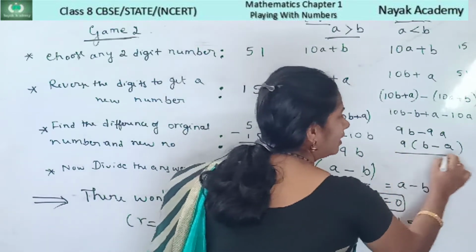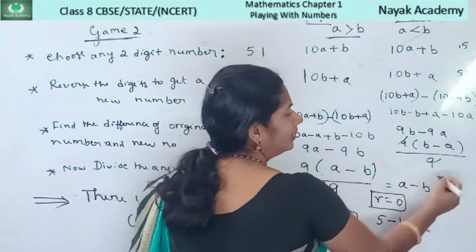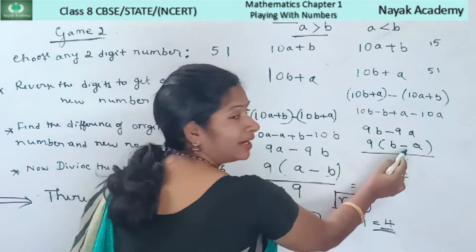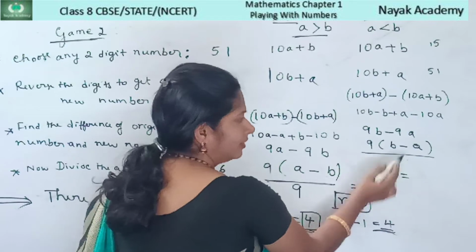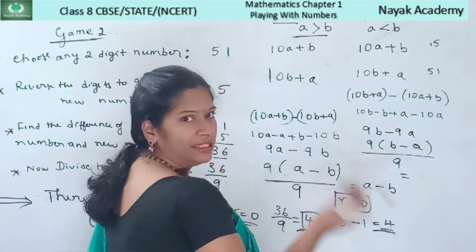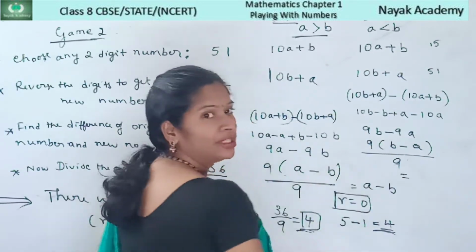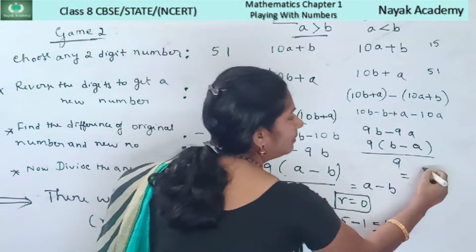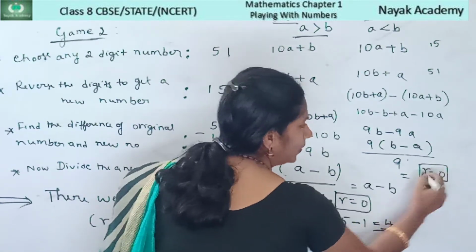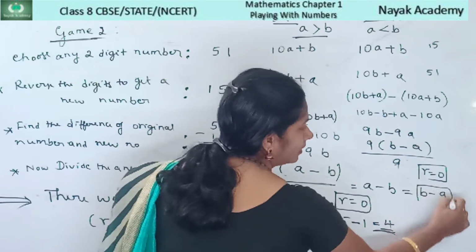Now when you divide the answer by 9, there won't be any remainder. When you divide the answer by 9, what will you get, children? 9 into b minus a is a multiple of 9, so when you divide the answer by 9, there won't be any remainder. The remainder you will get is 0, and the quotient is b minus a.